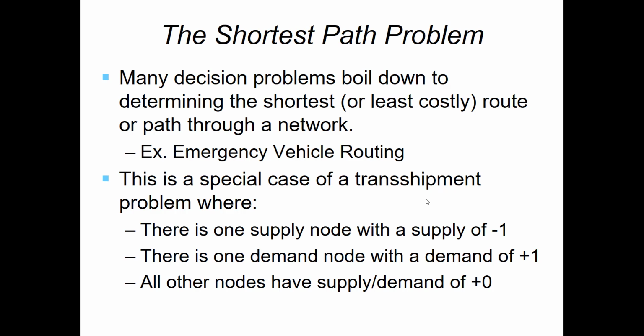The supply node has a supply of -1, and the demand node has a value of +1, and the value of the rest of the nodes is 0. And you can see that the total supply is equal to the total demand. That means all of the equations that we are going to have in this problem are equalities.